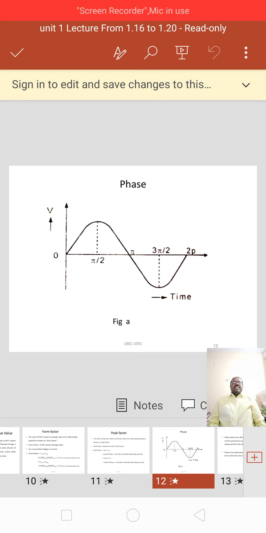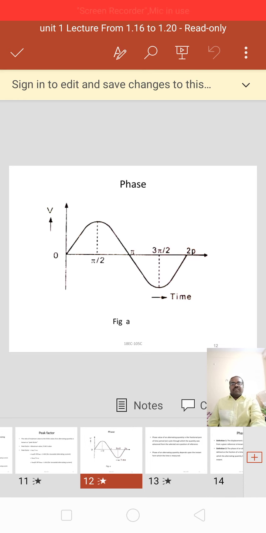We already learned the simple loop generator concept, starting from 0 to 90, 90 to 180, 180 to 270 as well as 270 to 360. Here it is shown in radians, that is 0, pi by 2, pi, 3 pi by 2, 2 pi. It is the concept of phase.